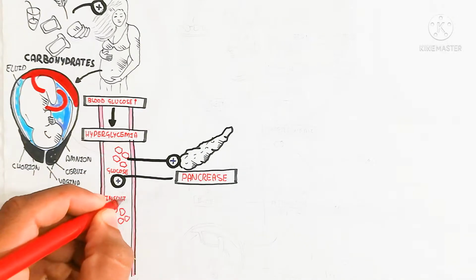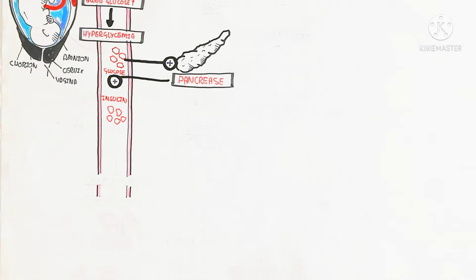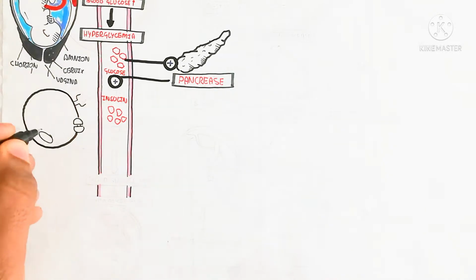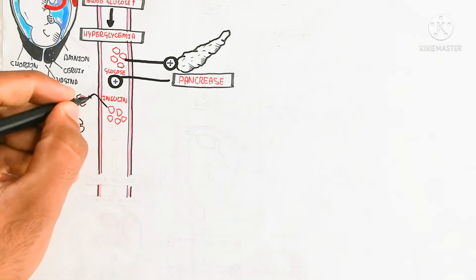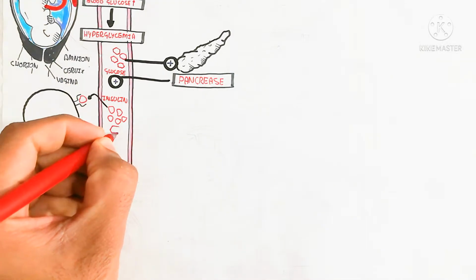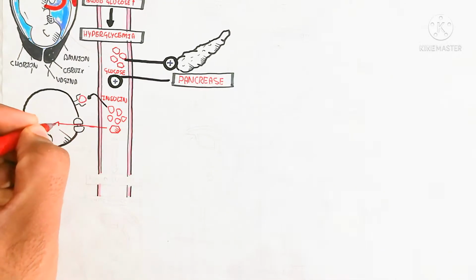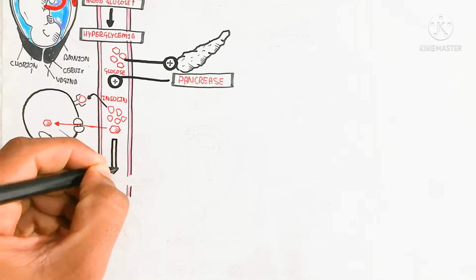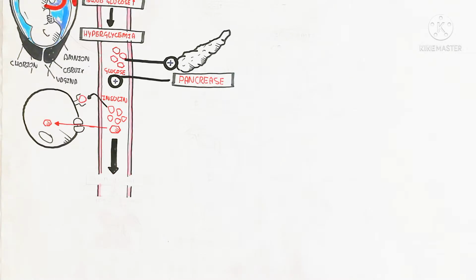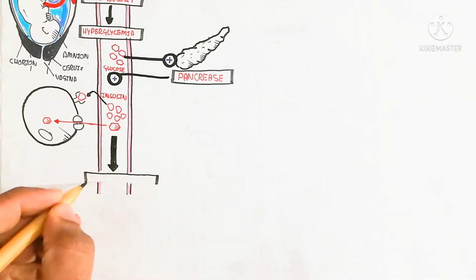The insulin binds with the insulin receptor of the cells, and after binding it opens the GLUT4 channel so glucose enters for glycogenesis or glycolysis to produce ATP.